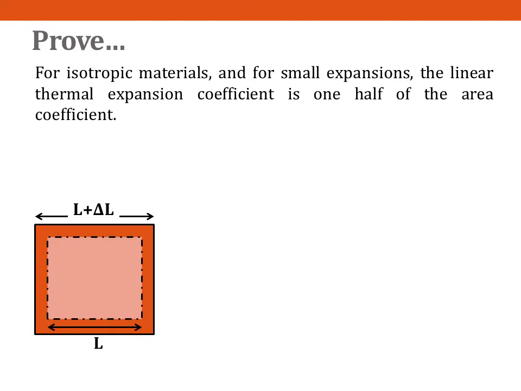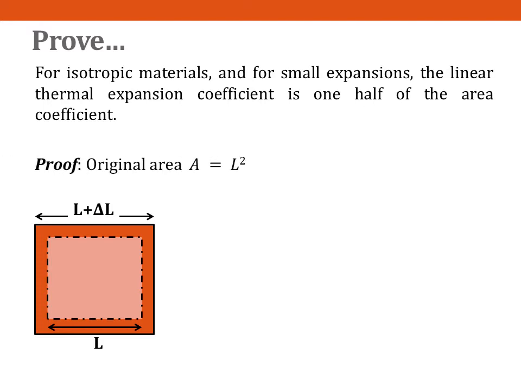Consider a square of length L. On heating, this square undergoes an expansion and its length increases to L plus delta L. Therefore, there is a change in area also.